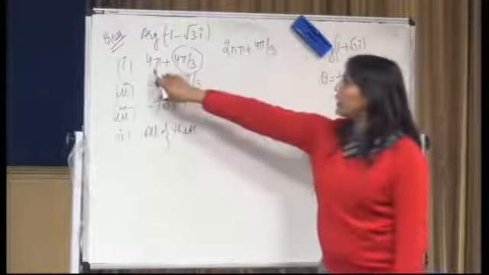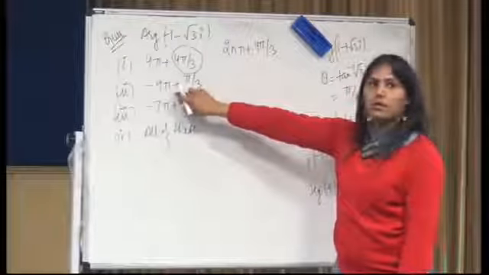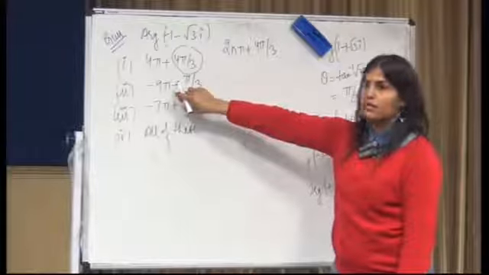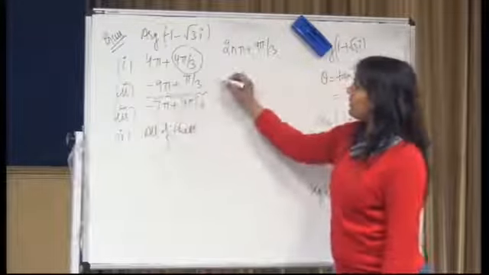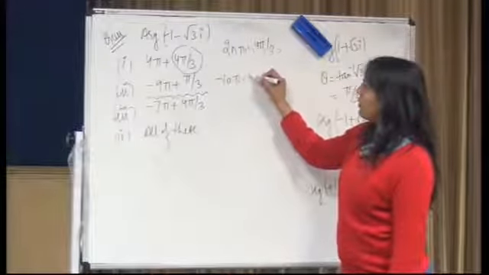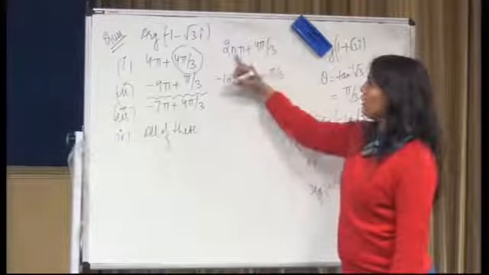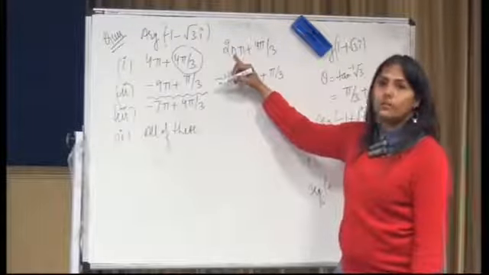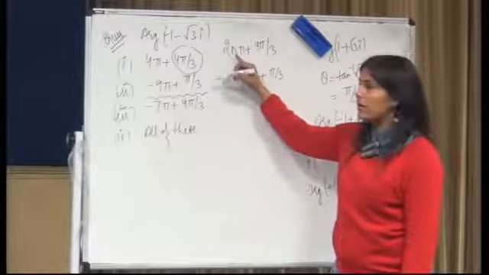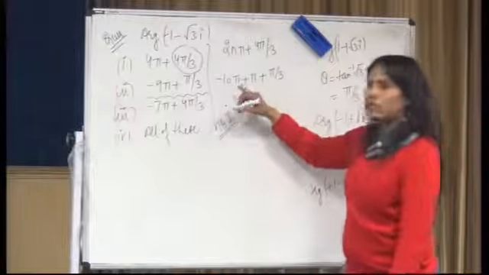This one: if you take n as 2, you are getting it. What about this one now? This is something which you can write as minus 10 pi plus pi. So for n, minus how much? Minus 5, because n is an integer, and we can take negative values also.